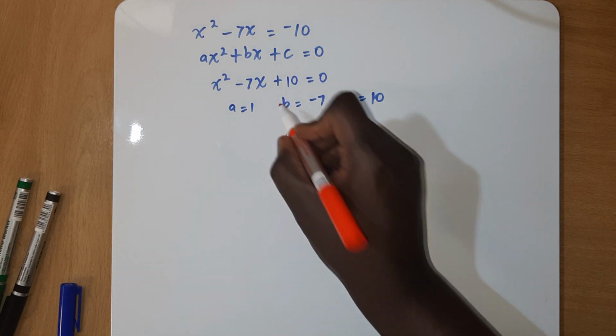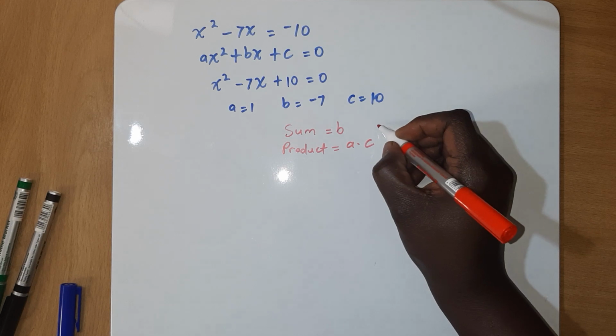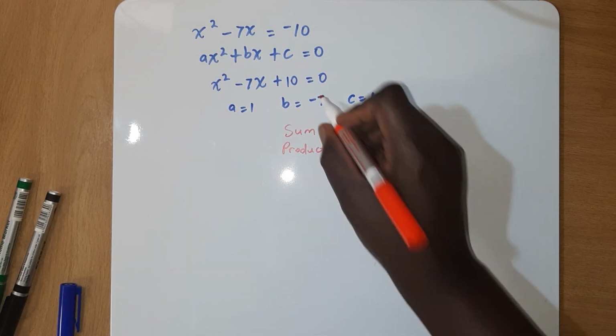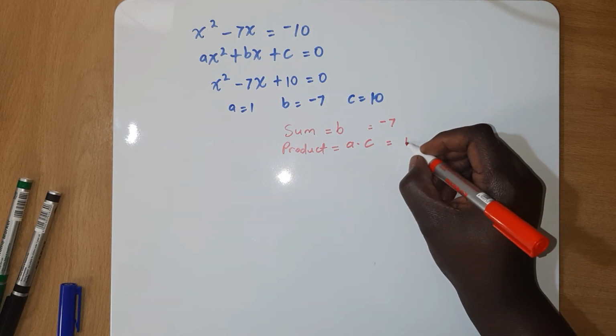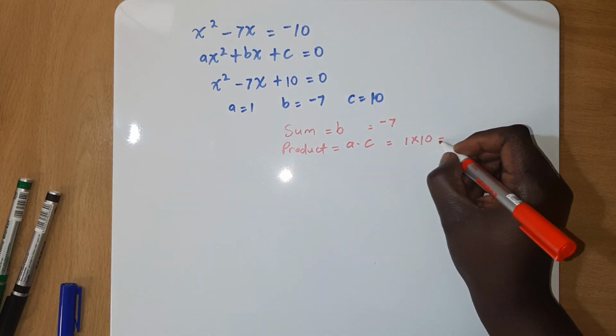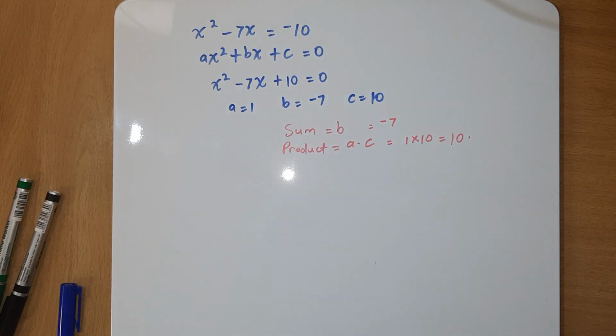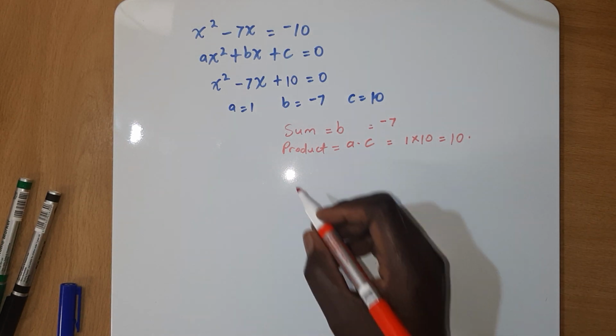So when we look at our numbers here, a sum of minus 7 and a product of 1 times 10, which is 10. So which two numbers, when we add them up, we get minus 7, and when we multiply them, we get 10?